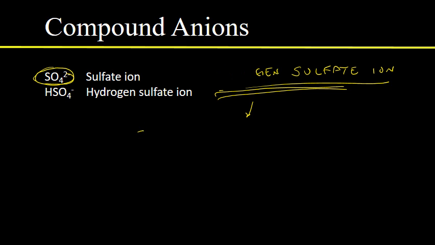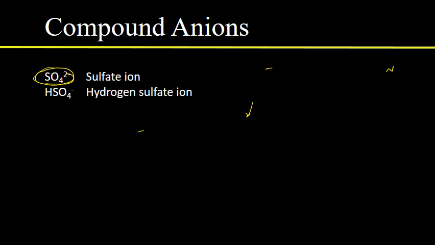Actually, I'll come back to that. Okay, so if you add a hydrogen, then the formula changes by adding one hydrogen, and the net charge goes up by 1, okay? Because the hydrogen has a +1 charge.